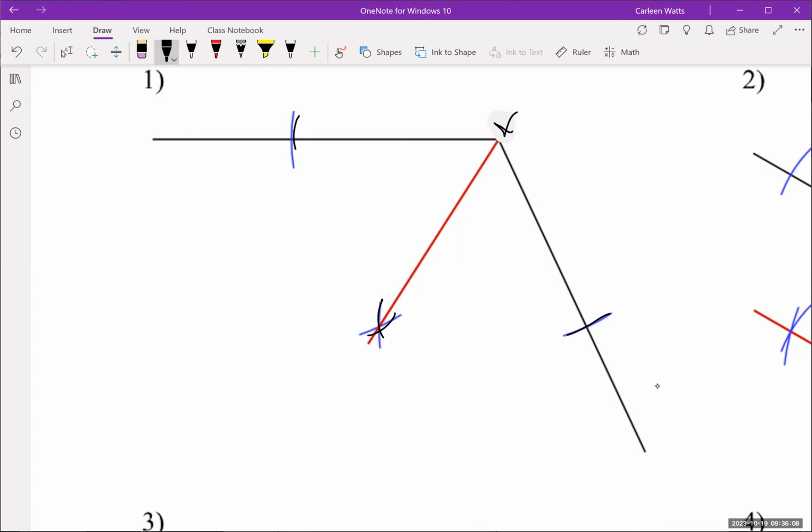Okay, Zoomers? So, can anyone explain, describe, or name this construction? What did we do? What do we call this one? Yeah, can anyone type in?